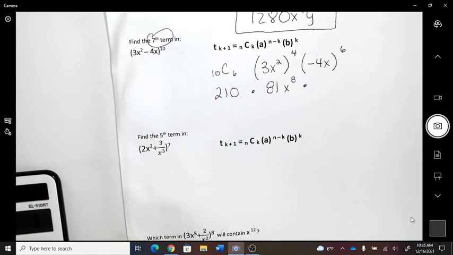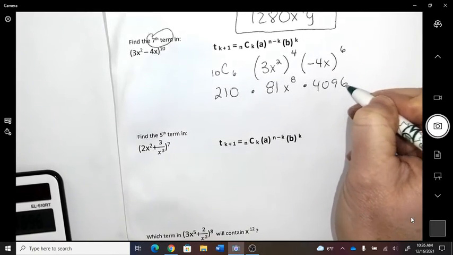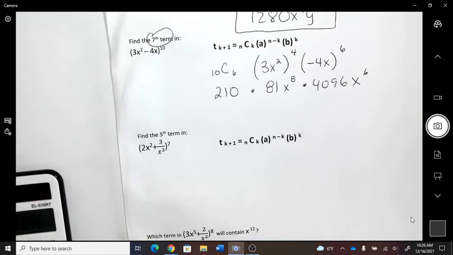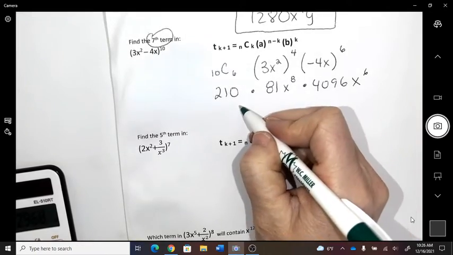What do you think about the last term, just looking at it before you're calculating? Would that be positive or negative? Positive, because an even amount. Okay, so get me all of those numbers. Oh, did you get something big?